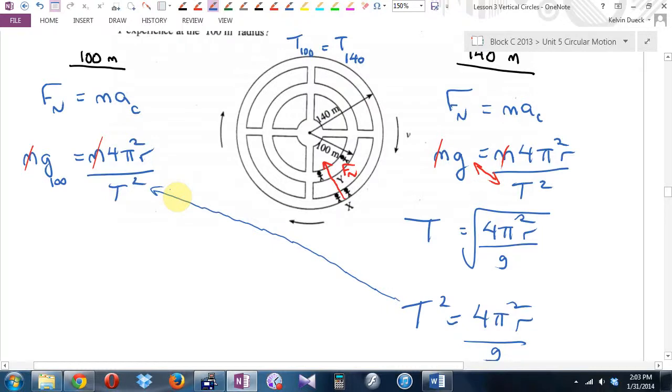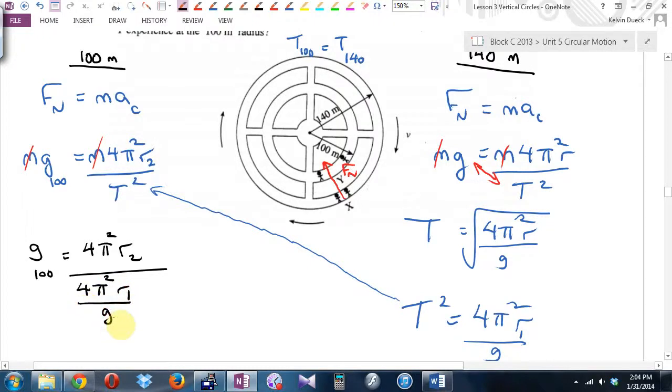So I'm going to call this R1 and this R2. Is that okay, Claire? I was worried I might get those mixed up. See, I'm going to get this: g at 100 meters is going to be 4 pi squared R2 all over 4 pi squared R1 over g.